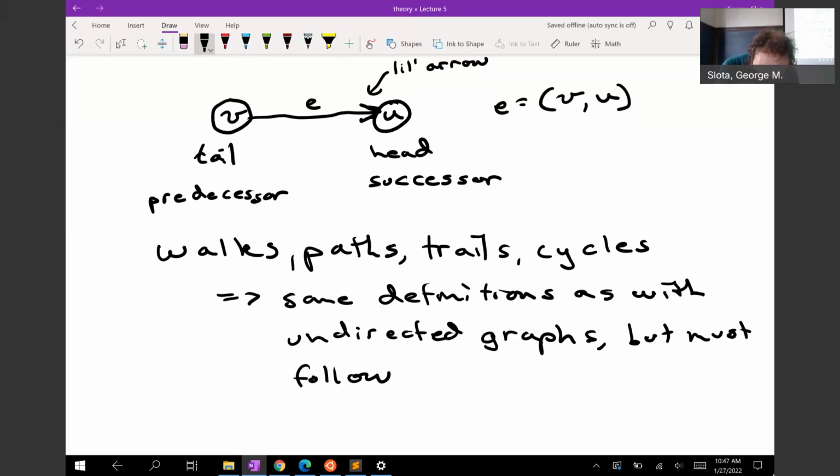Start at the tail, go to the head. Direction.